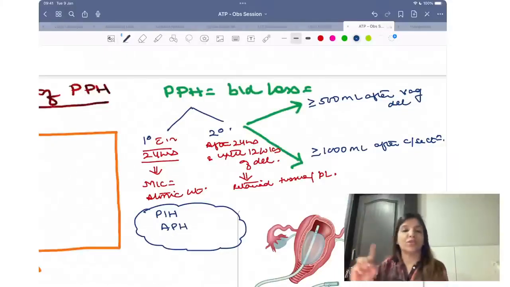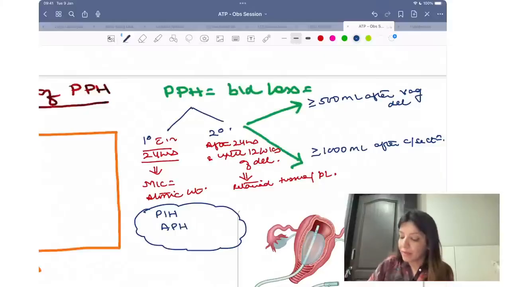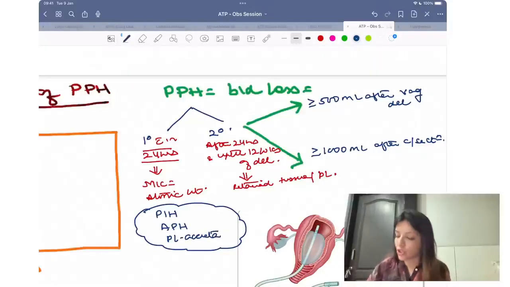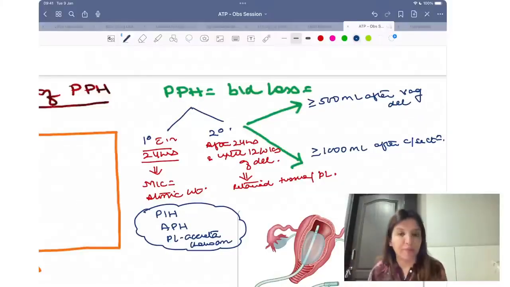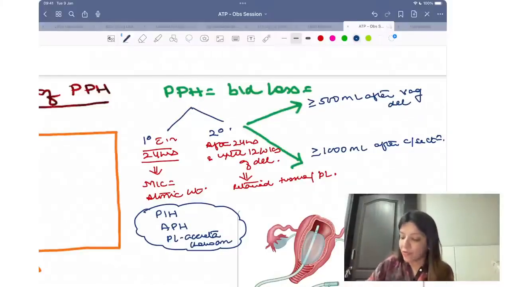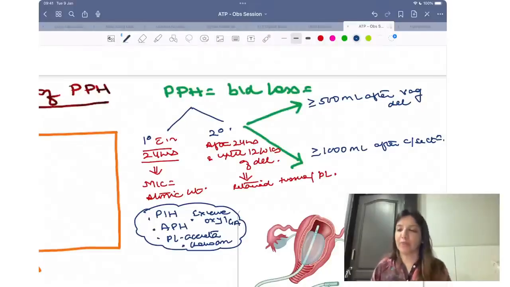Antepartum hemorrhage is a risk factor for PPH. Placenta accreta is a risk factor for PPH. Chorioamnionitis is a risk factor for PPH. Excessive use of oxytocin or excessive use of general anesthesia is a risk factor for PPH.